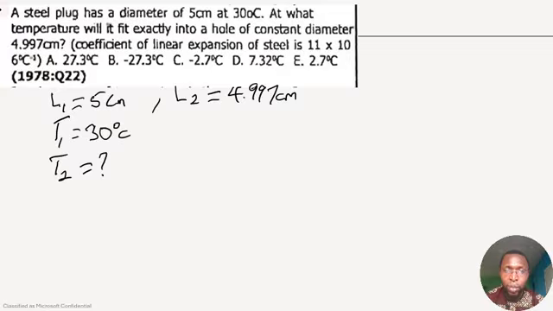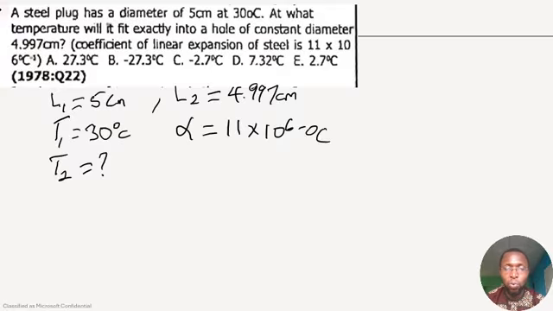And we are given the coefficient of linear expansion, alpha, equal to 11 times 10 raised to power minus 6 per degree Celsius. So we are looking for T2.